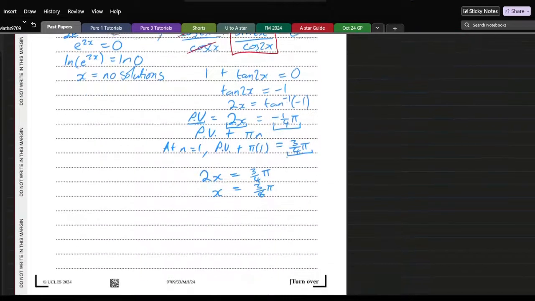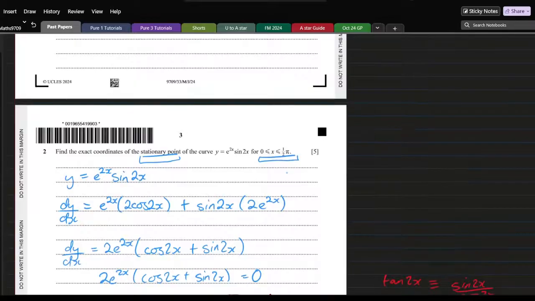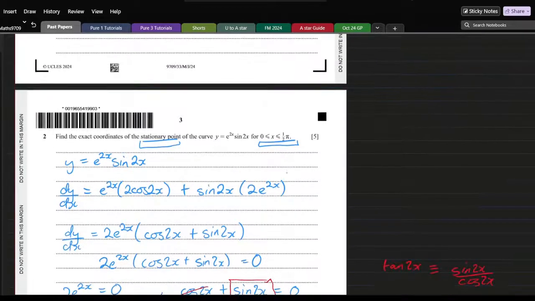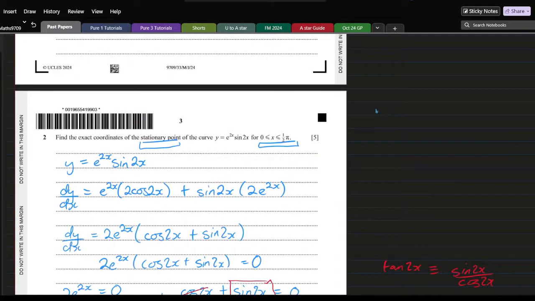Okay, so now they want both x and y coordinates, so we can substitute into the equation of the curve. y is e to the 2x sine 2x. So y is equal to e to the 2 times 3/8 pi, sine 2 times 3/8 pi.